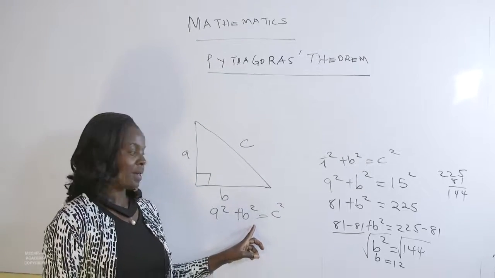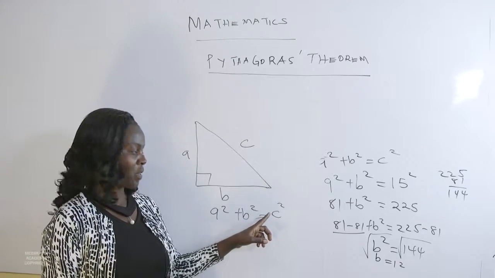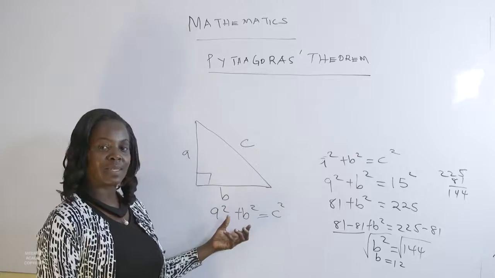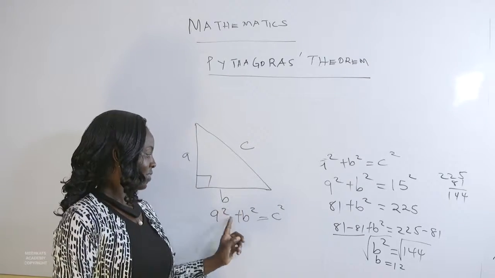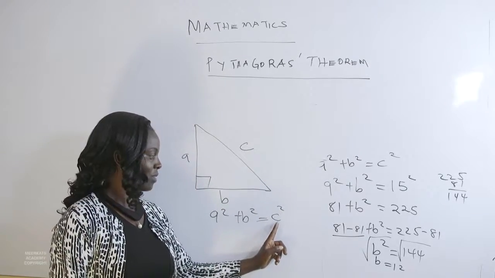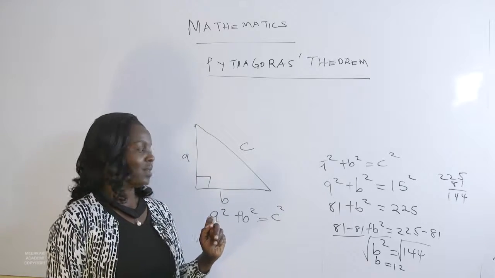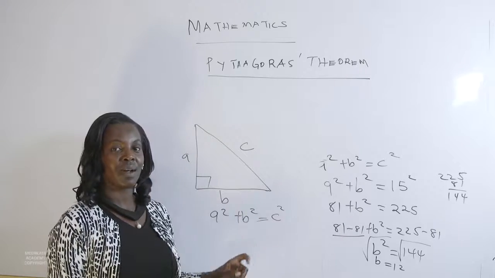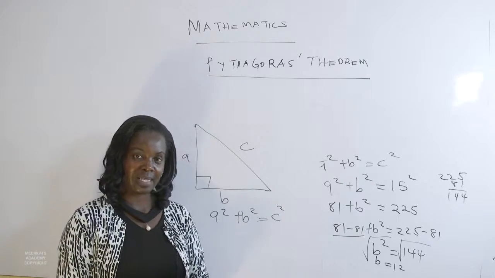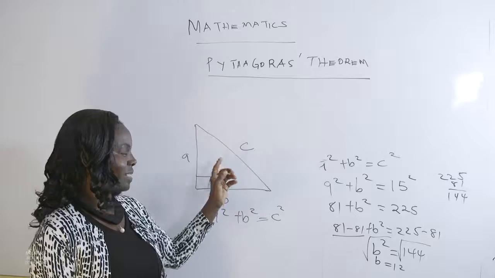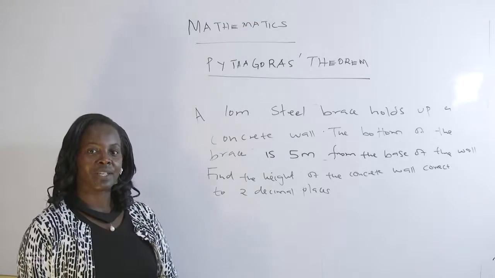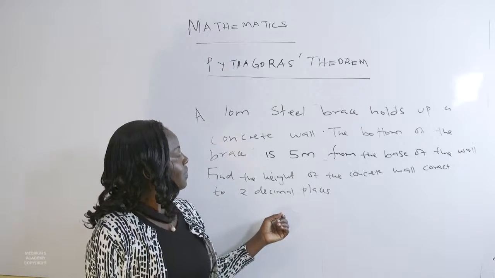A squared plus B squared is equal to C squared. So we substitute the known values in the equation, then we can find the unknown value. So we can use the Pythagoras theorem to find any side of a right angle triangle that is unknown. So let's look at the application of Pythagoras theorem.